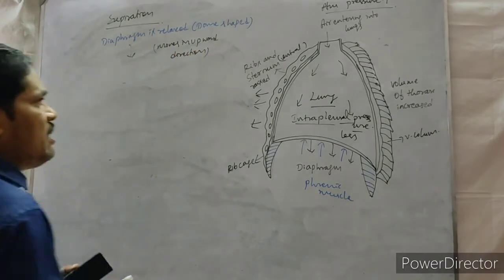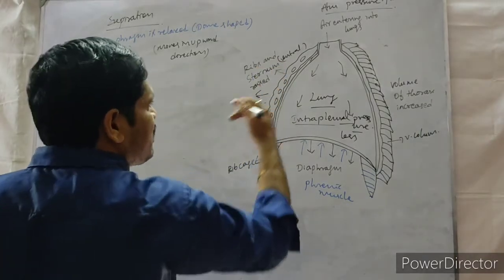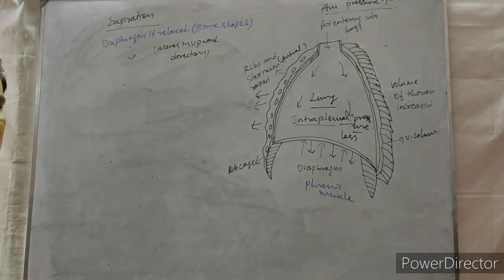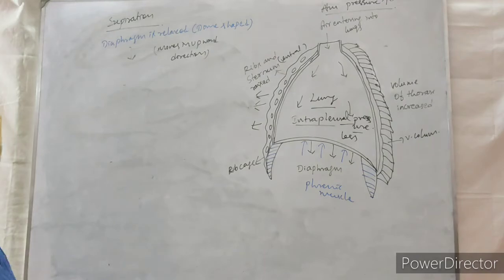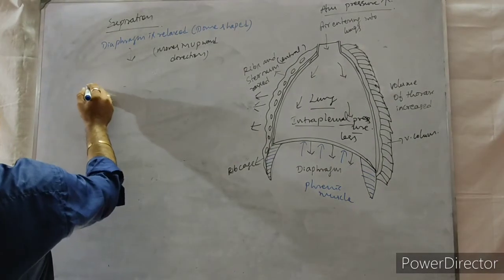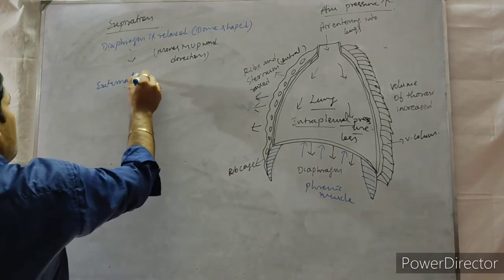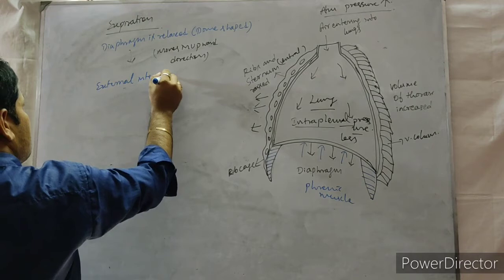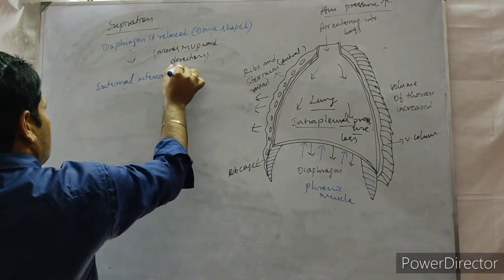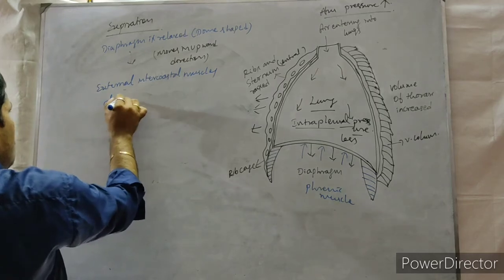Then, as usual, the ribs and in between the ribs, the external intercostal muscles are also relaxed.